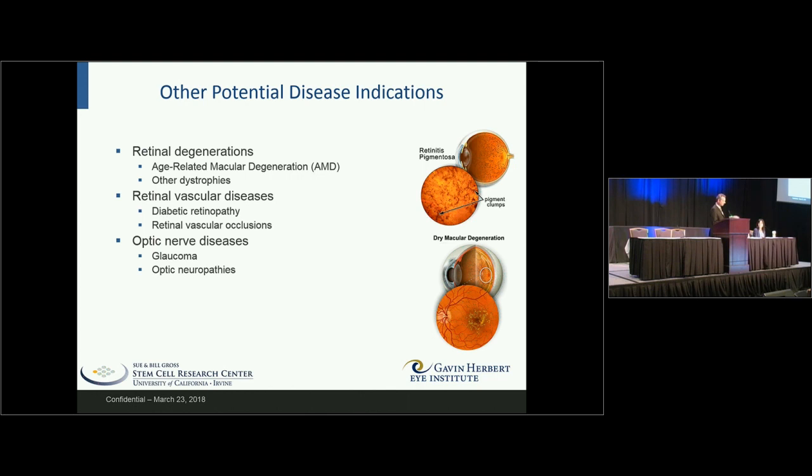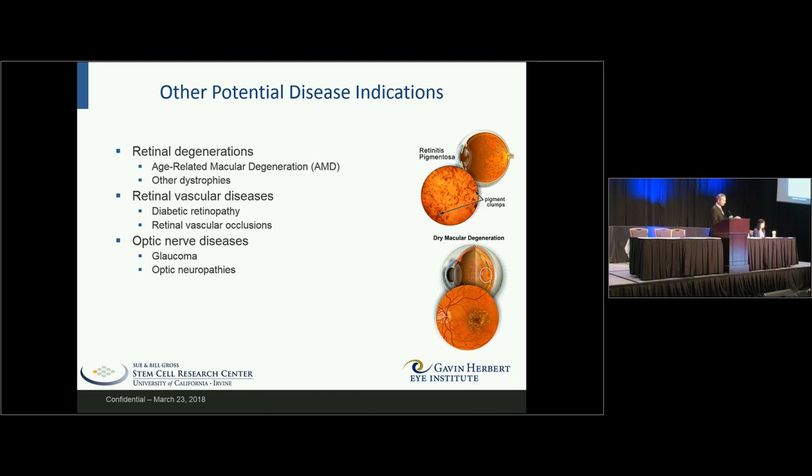Retinitis pigmentosa was just the low-hanging fruit in terms of a disease worthy of treatment, crying out for treatment. There are a whole host of other rare dystrophies out there that might benefit from a neuroprotective strategy.